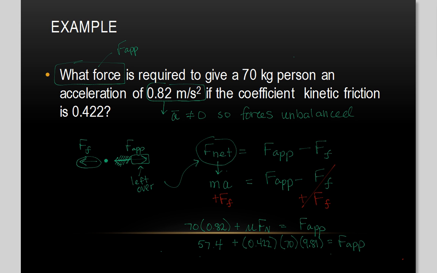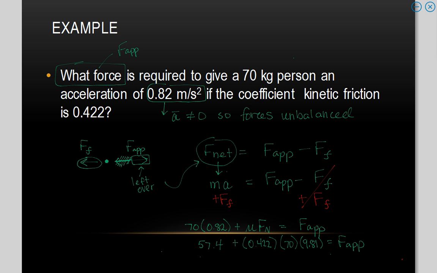And the fact that Fn equals Fg is from the fact that it's likely on a flat surface where the normal force is balanced by the gravitational force. Okay, so you'd have to apply a force of about 347 newtons. And my sig digs is off, but whatever.